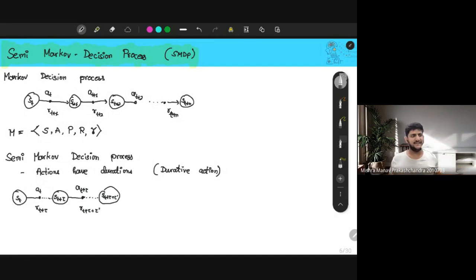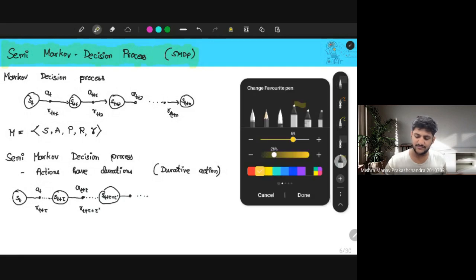So here tau is basically a random variable which tells me the time that is taken for the action to be executed. Okay, and this goes on till you reach some end state. Okay, so this is the basic difference between what a semi-Markov decision process does in comparison to a Markov decision process.